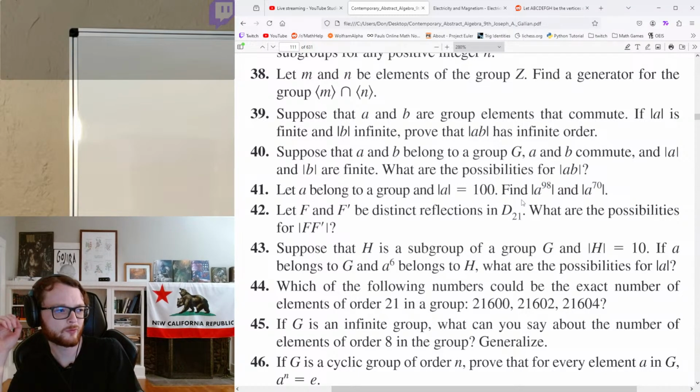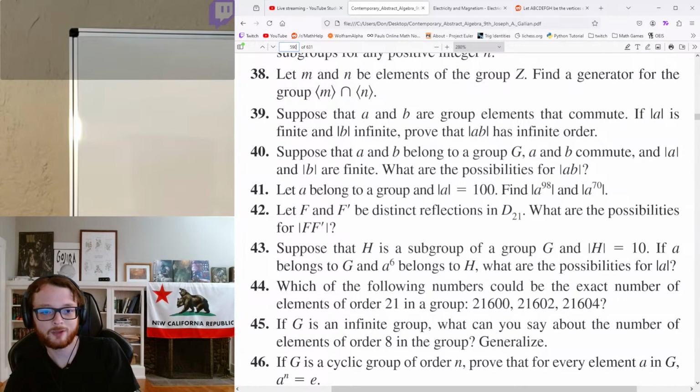And the order of A squared should be 50, half of 100. And A to the 70 and 100 have a GCD of 10. So A to the 70 is like A to the 10, and the order of A to the 10 is just 10. I'm gonna check the back of the book though on this one.